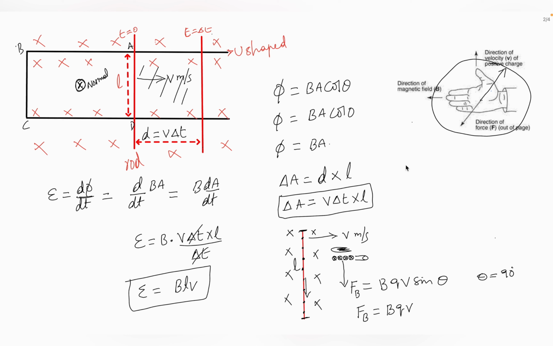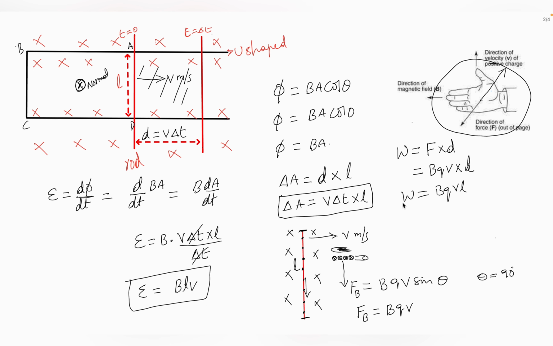So the amount of work done is given by the amount of force multiplied by the distance through which it is moved. So here the force applied on the charged particles is BQV, and this is moved through a distance of L meters. So we have BQVL as the amount of work done.